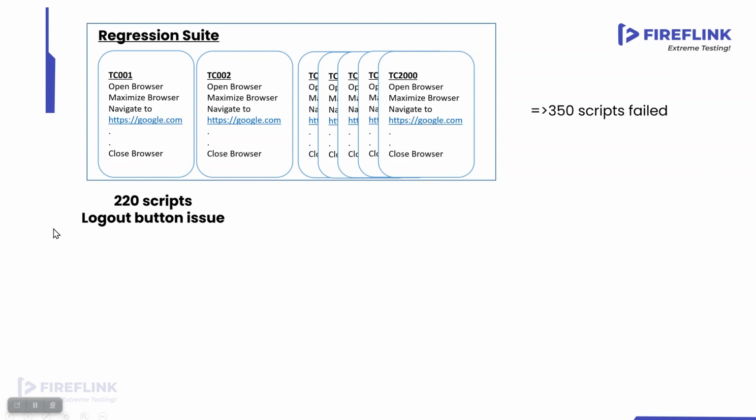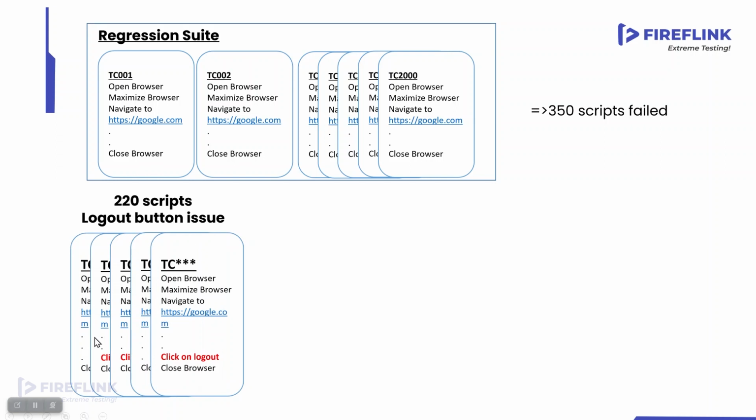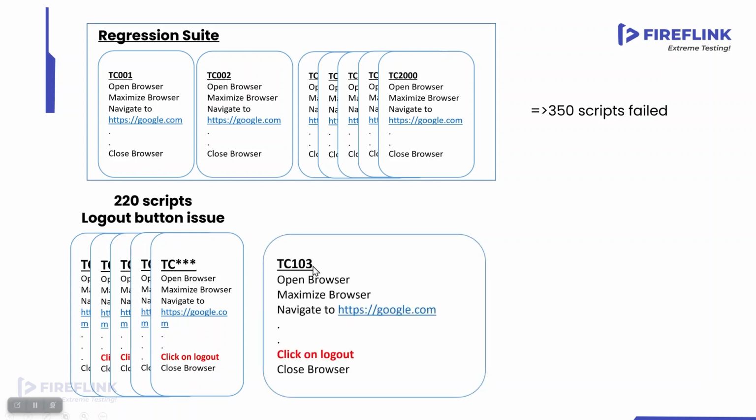Now I will go to that particular suite, where multiple scripts are there. Say for example, I am going to script number 103, and in this script, if you can see, this particular step is failing: click on logout. So now I will tag this.